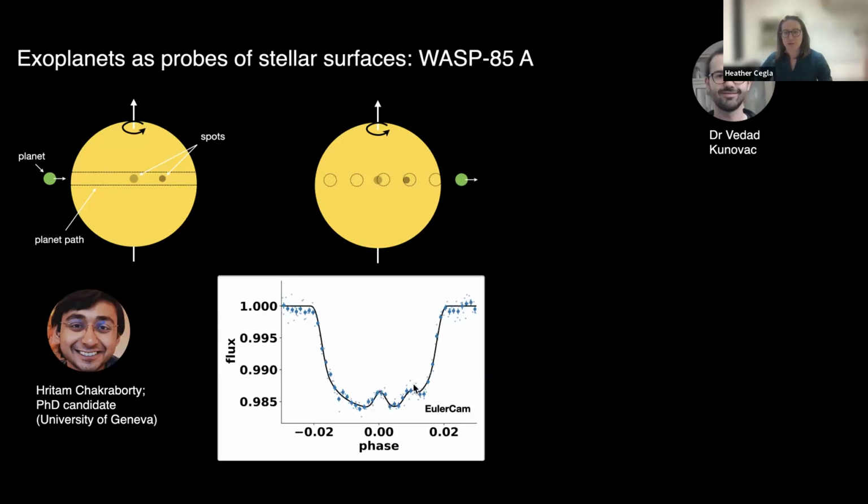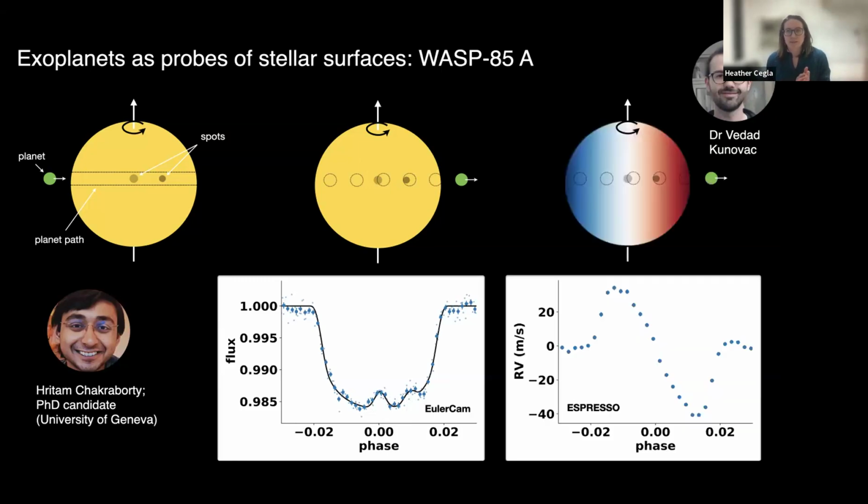According to his spot modeling, the spots are probably 100 to 300 Kelvin cooler than the photosphere. On this particular night, I think they're about 12 degrees in angular size. It's also possible that these are a collection of smaller spots, but they can be collectively modeled by a bigger one.